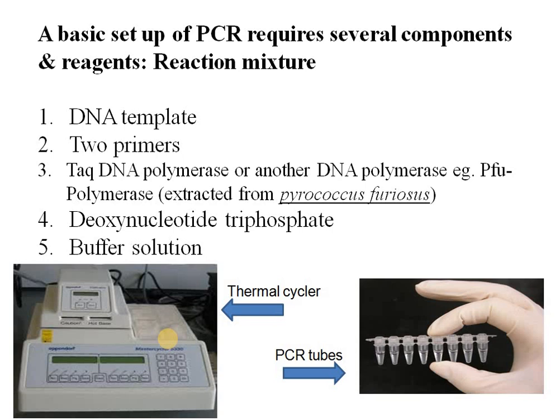Okay, this is the thermal cycler. You can see in this image, this is a thermal cycler. The instrument consists of a programmed thermal cycling. There is a program to increase, decrease, and maintain the temperature, set up in the instrument's software. And you have to take this reaction mixture in tubes called polymerase chain reaction tubes.